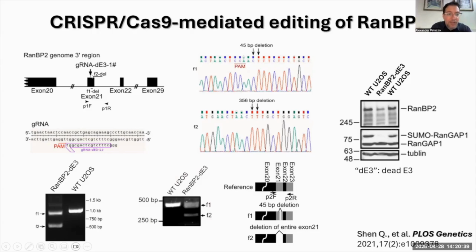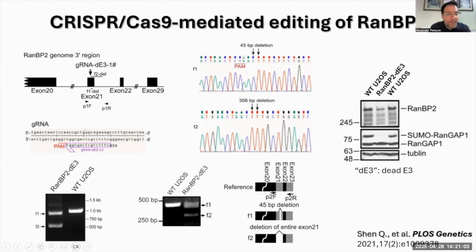We targeted a region of the RanBP2 gene by CRISPR-Cas9, and you can cut it right in the middle of exon 21, where the main catalytic region of the E3 SUMO ligase is. When you cut the gene, the cell repairs it, and it usually introduces mutations. This is a particular cell line that we developed called RanBP2 dead E3.